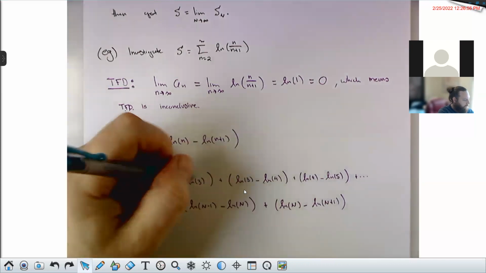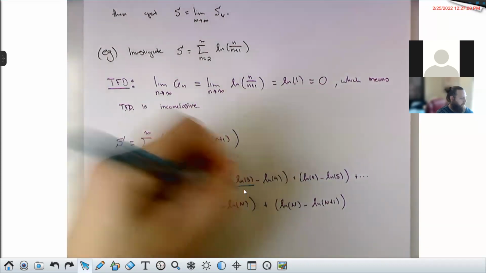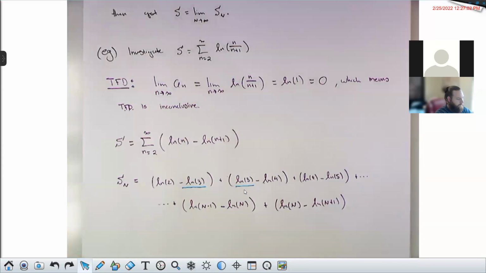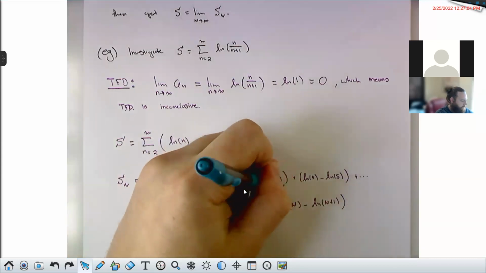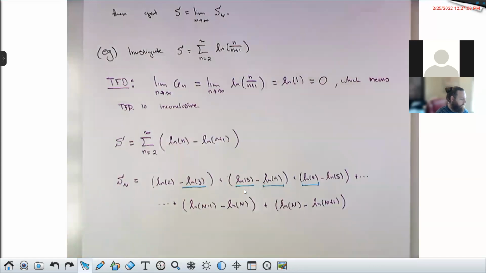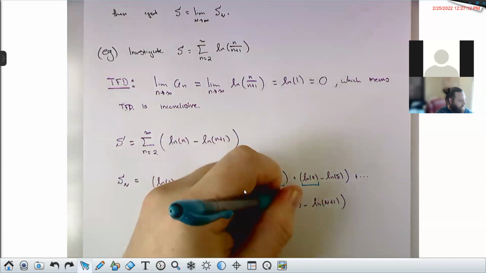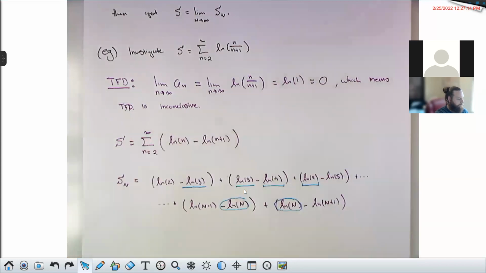And if you look here, you have a negative natural log of 3 plus natural log of 3. Negative natural log of 4 plus natural log of 4. Where else is there cancellation? Negative natural log of n plus natural log of n.